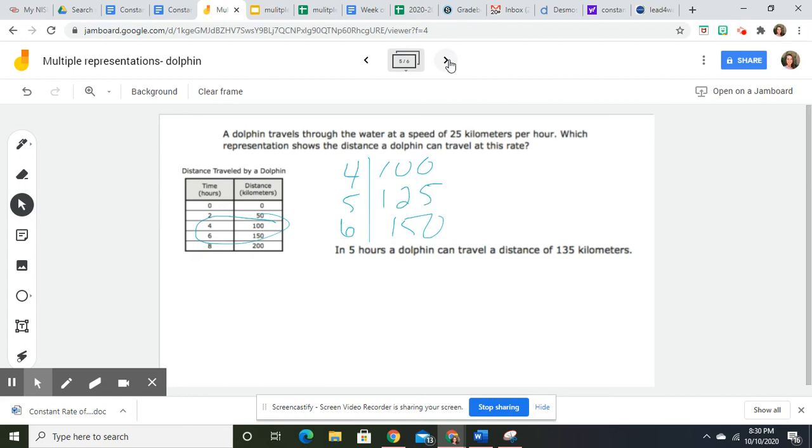So we would have 4, 5, 6 on the x, and we have 125 in the y. Otherwise, we can use our equation of 25 miles per hour, 25 times 5, and that equals 125. So this particular verbal description is not accurate for this situation.